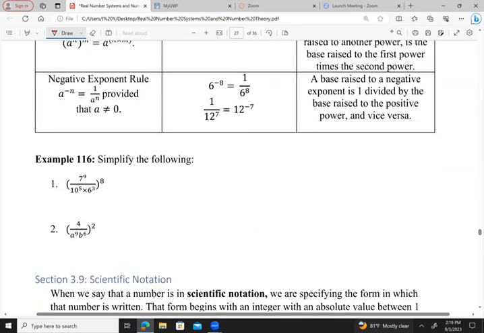So now let's simplify this. So what do we have here? We have 7 to the ninth to the 8th over 10 to the 5th times 6 to the 3rd to the 8th.